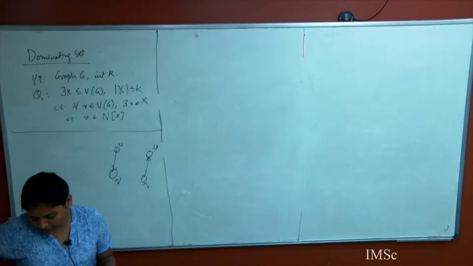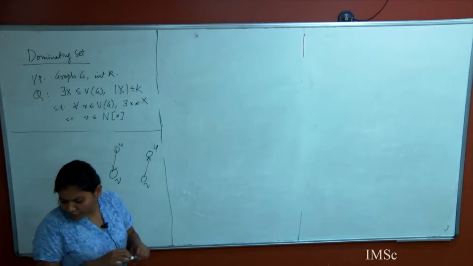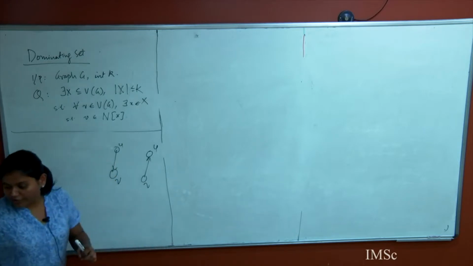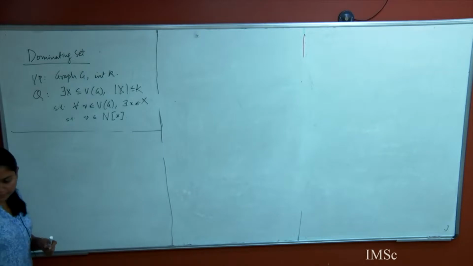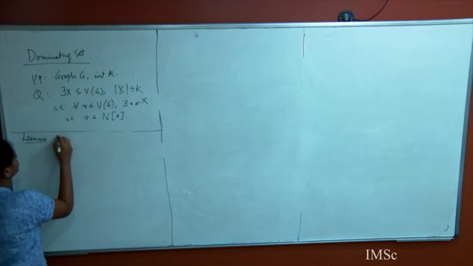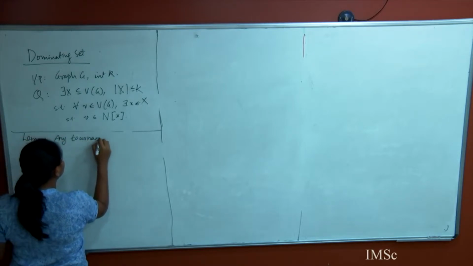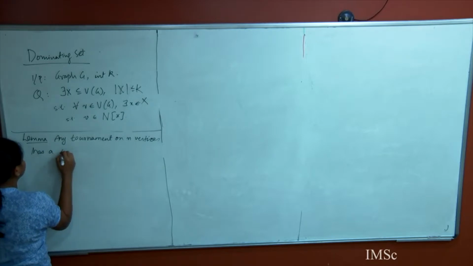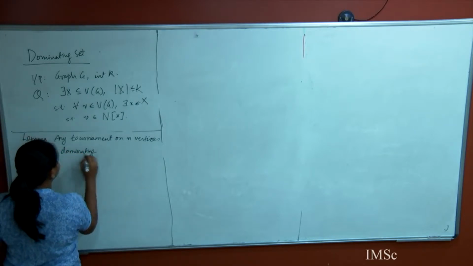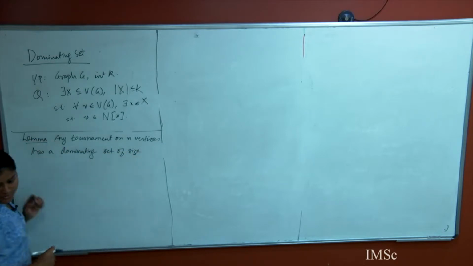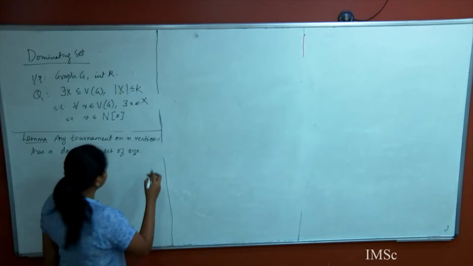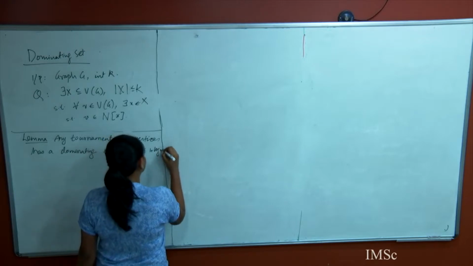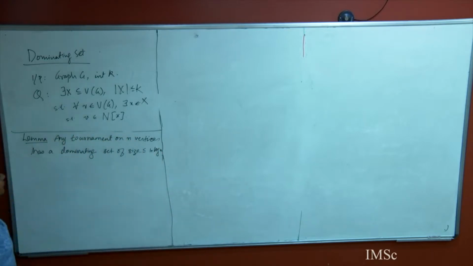So before that, we will use a property: we will show that if you look at any tournament on n vertices, then it always has a dominating set of size at most 1 plus log n.